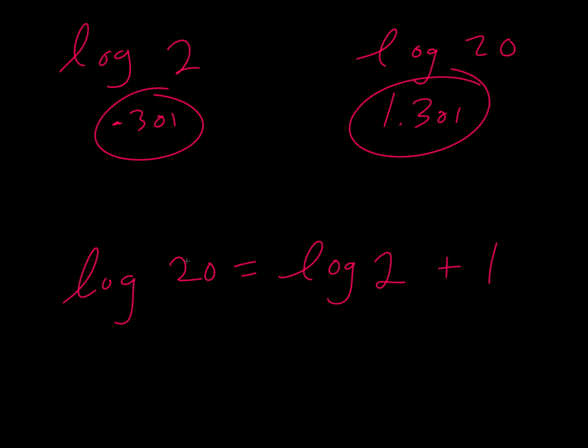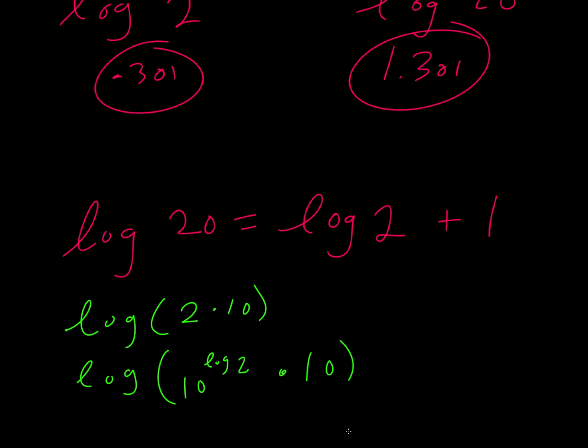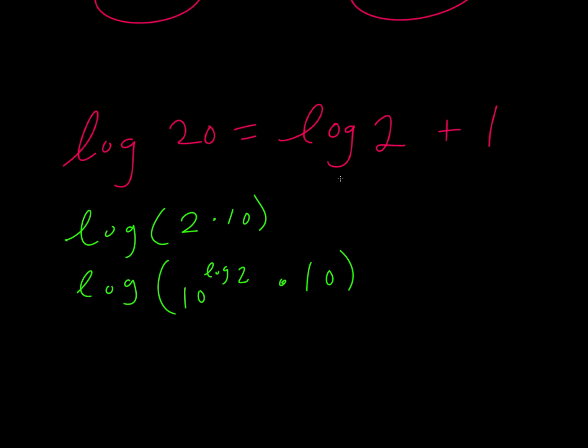So what they do is they think of this like log of 2 times 10. They just break the 20 up into 2 times 10. And then they write 2 as 10 raised to the log 2, and then times 10, like that. Now, if we do it that way, we can add the exponents.